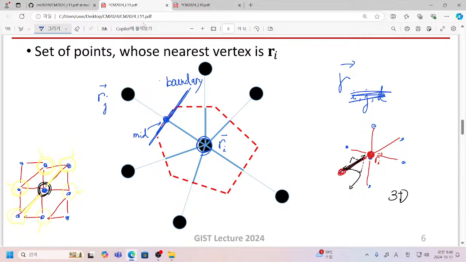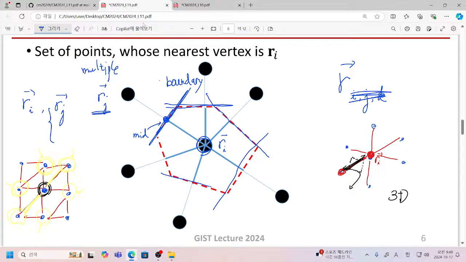However, please note that this determination is only done between Ri and another Rj, but you know that we can have multiple Rj points. So in order to say that this point certainly belongs to r sub I, we must check over every available Rj. If we have many Rj values, then we can calculate another line and another line in this 2D.